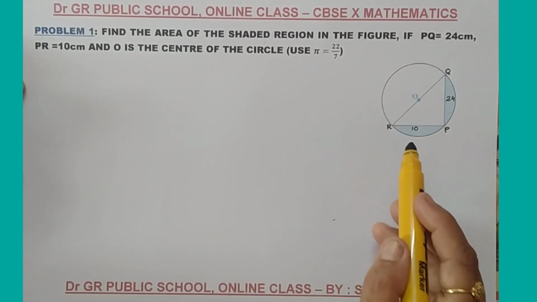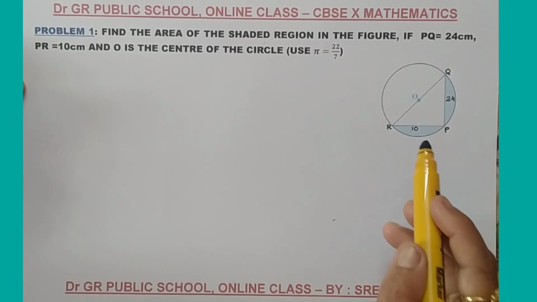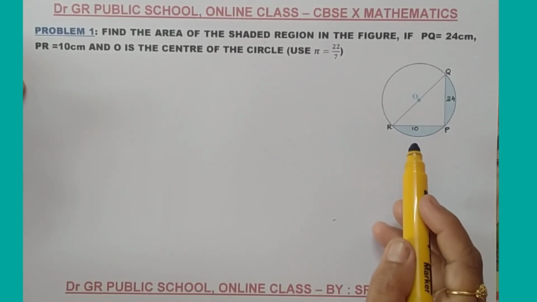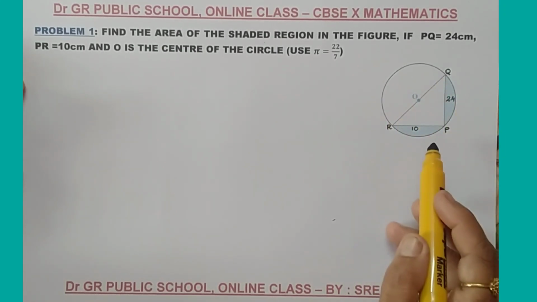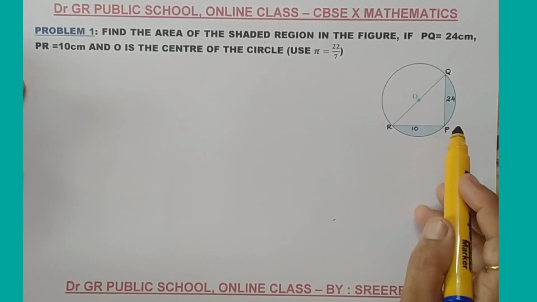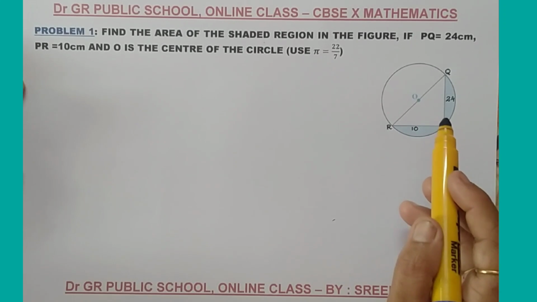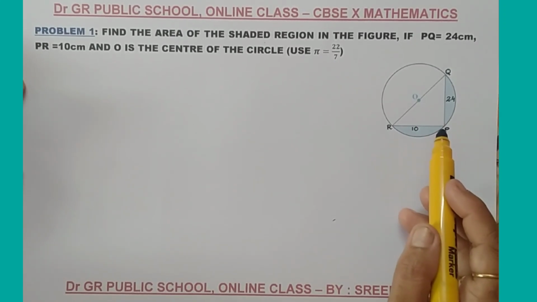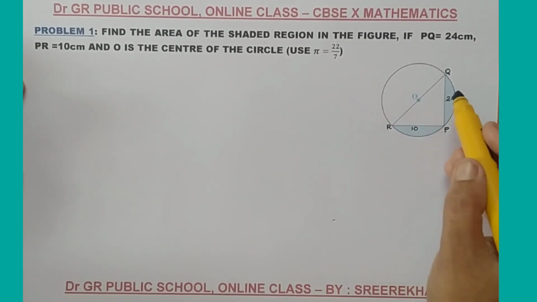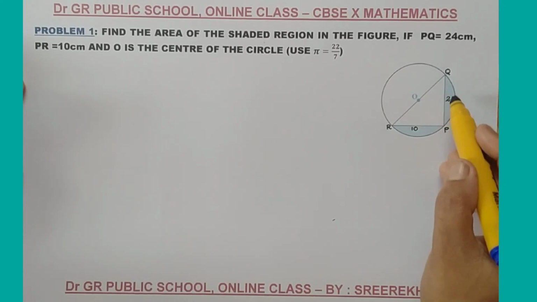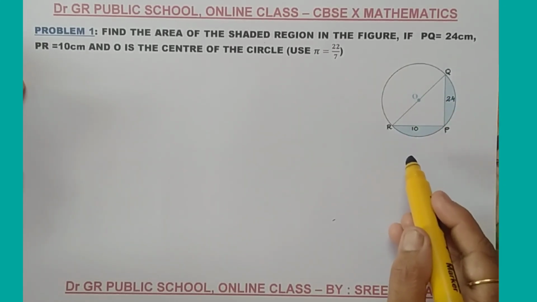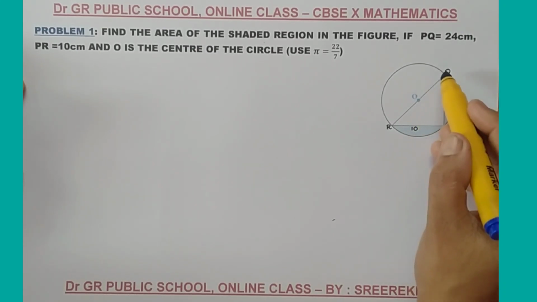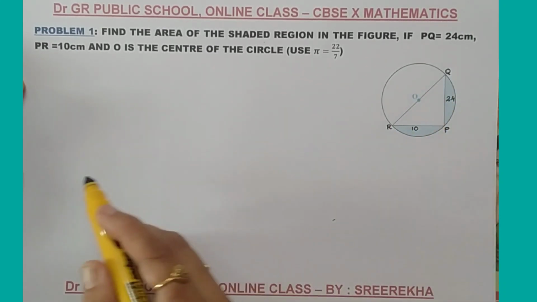I told you that when you are given a combination of plane figures, here the given figure is a combination of a circle and a triangle. At first you need to identify the plane figures in the combination figure. Now you need to think what the shaded region is. That is the second step. Here QR passes through the center of the circle.